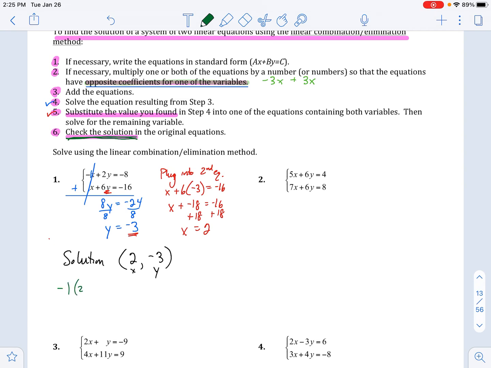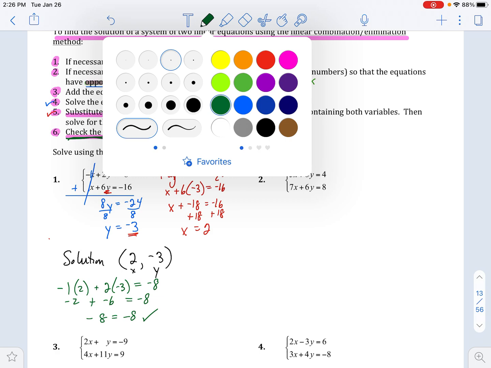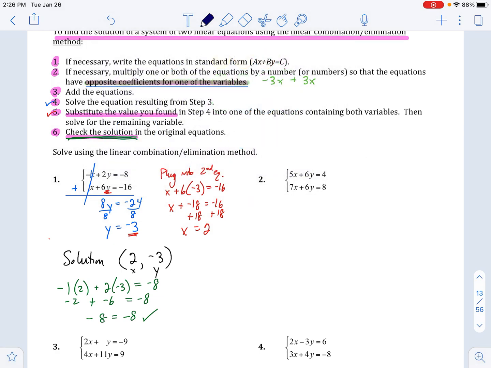So I get negative 1 times 2 plus 2 times negative 3, and I want to know, does that equal negative 8? Does negative 2 plus negative 6 equal negative 8? We know, in fact, that checks. But be careful, that only checks in the first equation. I also need to come back and check in the second equation.